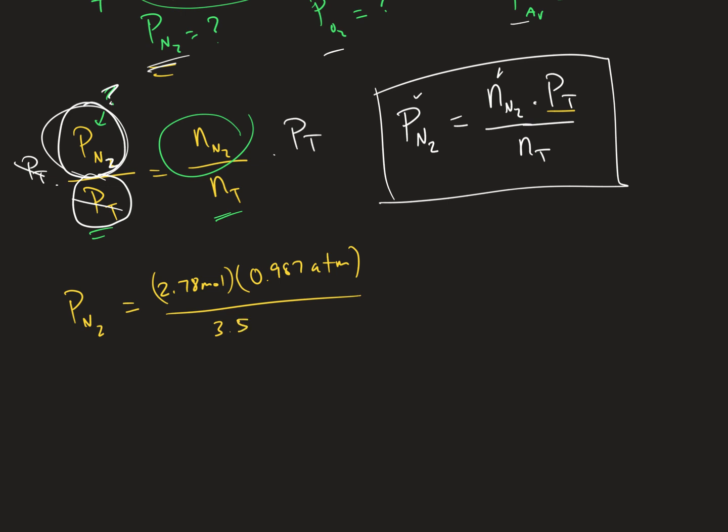You following me? What cancels? Moles goes away. We're left with atm. Good. That's the unit of pressure we need. We put those in and we get 0.77 atm. We're a third done.